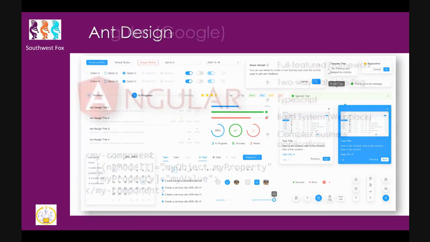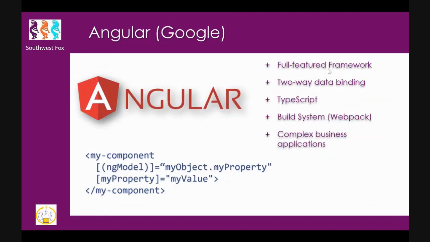As far as SPA frameworks, Angular was really the first full-blown framework that enjoyed widespread adoption. And all of the frameworks that I'm going to show you make use of components. You can think of a component as similar to a FoxPro container class or even an individual control class.